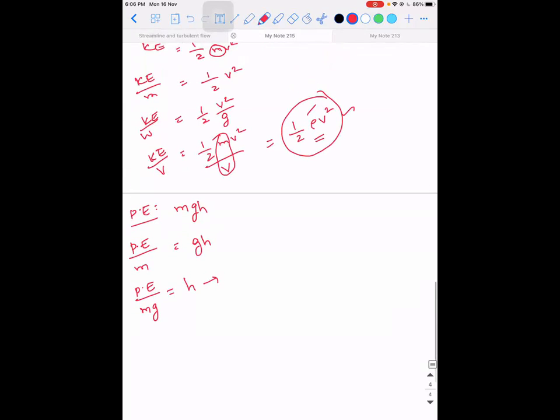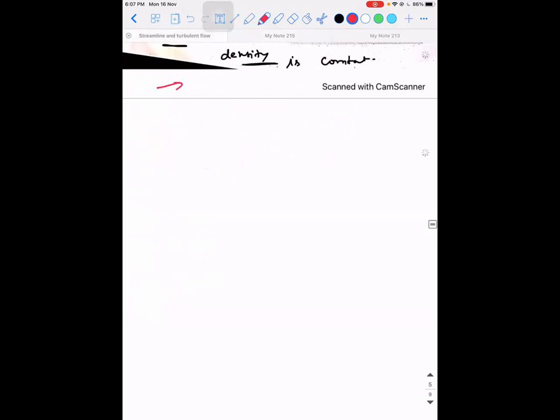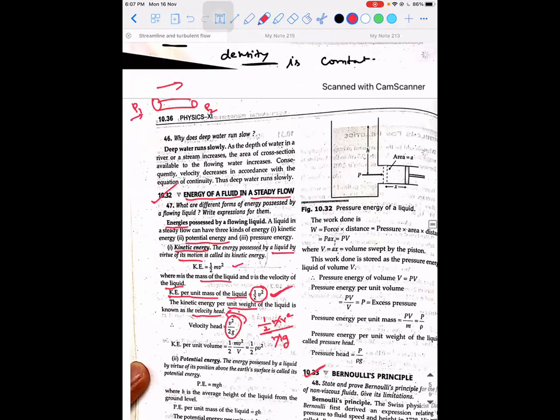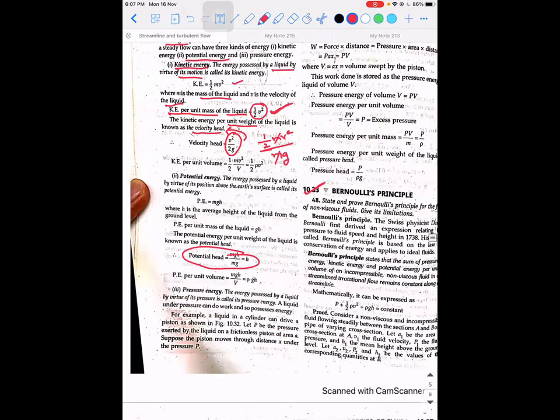If you call kinetic energy per unit weight velocity head, then this is called potential head. Clear?